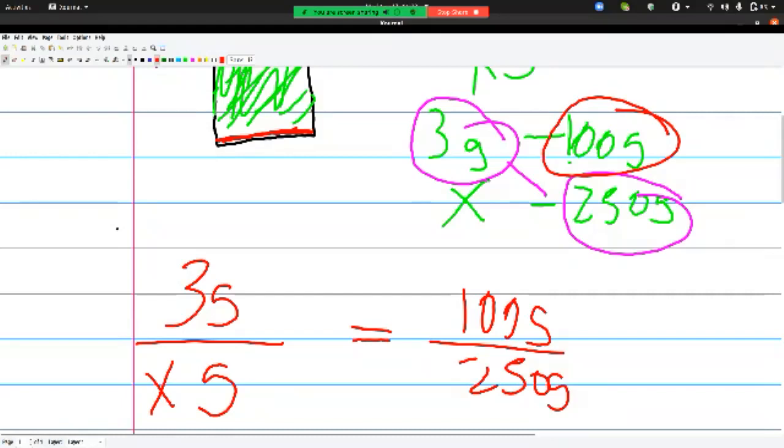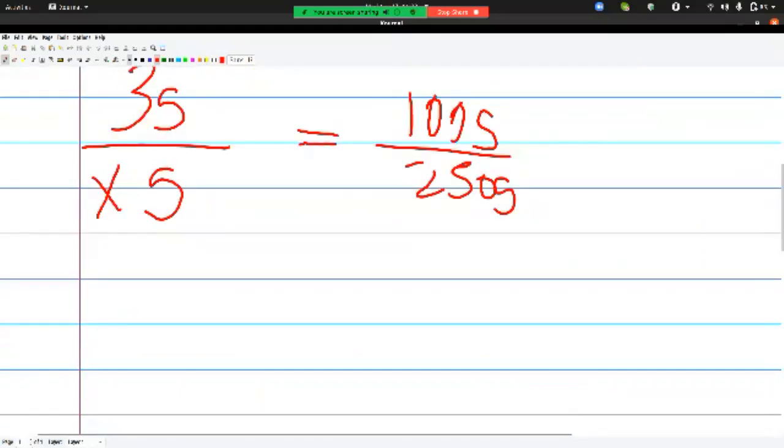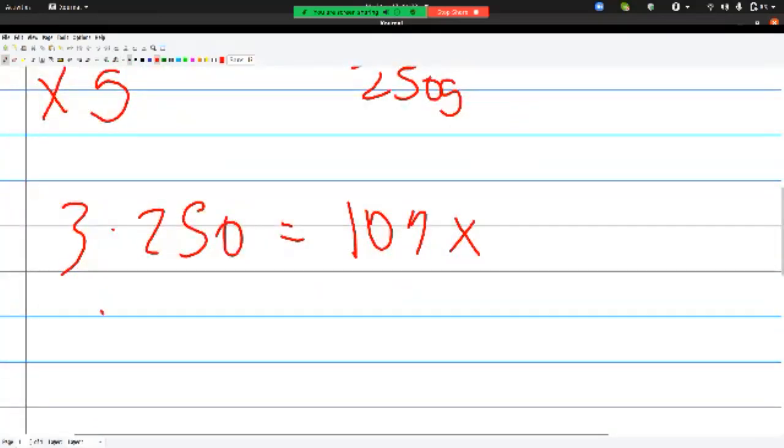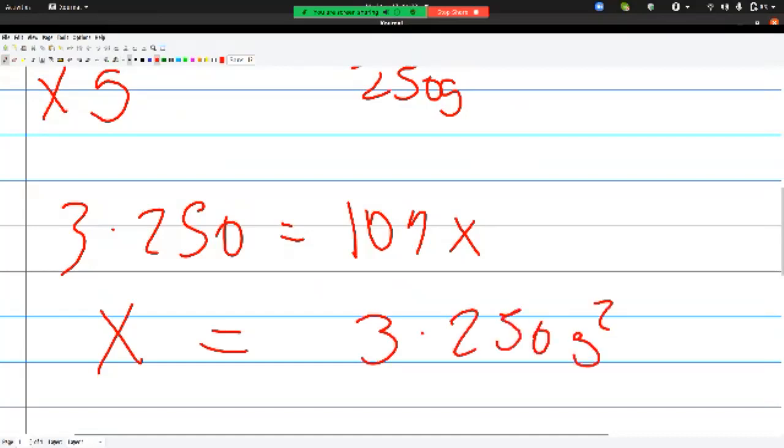So we cross multiply, and we get 3 times 250 is equal to 100x, and we divide by 100, and we get x is equal to 3 times 250 grams over 100 grams.